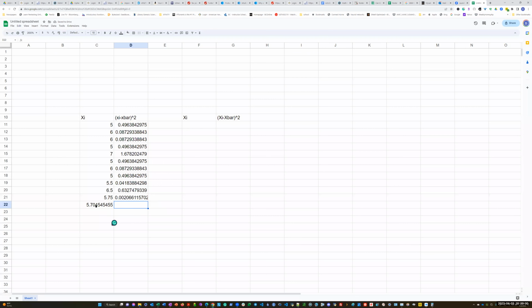Let's just do what I just did before. All right, so then we get this, right? Now I need to add up all of this. We get this. Then I need to take this number and divide it by n minus 1. What is n minus 1 here?